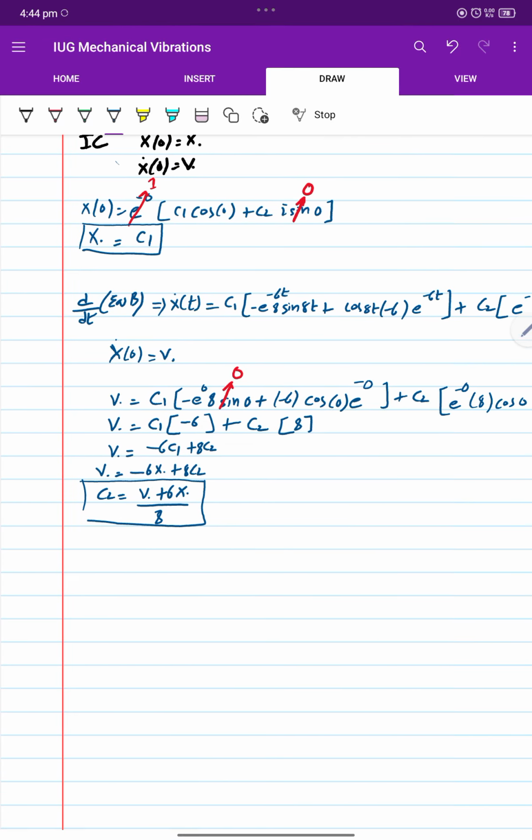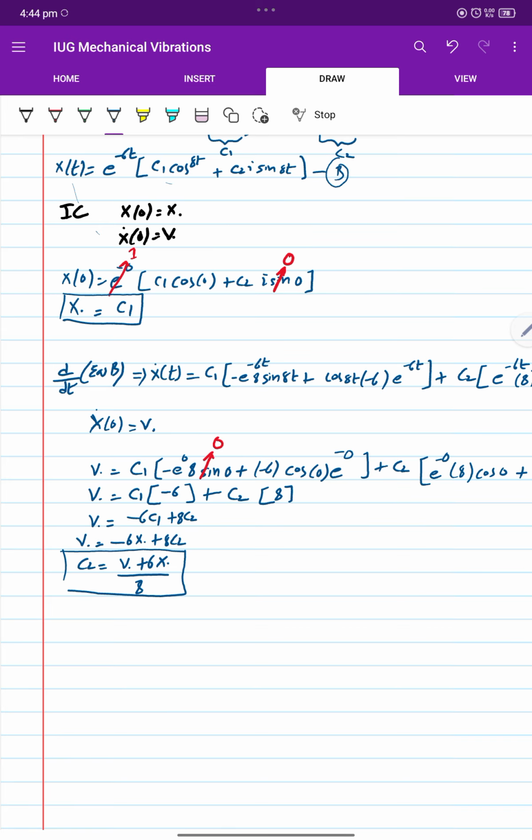So now we have x of t equals e exponent minus 6t, c1 is x naught, so x naught cos of 8t, plus c2 is v naught plus 6 x naught divided by 8, into sine of 8t.